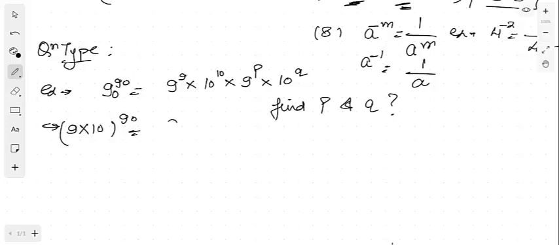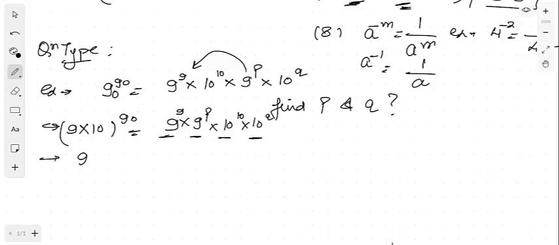Now here 9 to the power 9 into 9 to the power p, I have taken this here, into 10 to the power 10 into 10 to the power q. Now the base is the same. So 9 into 10 to the power 90 will be equal to 9 to the power 9 plus p into 10 to the power 10 plus q, the property which we studied first, a to the power m into a to the power n equals a to the power m plus n.